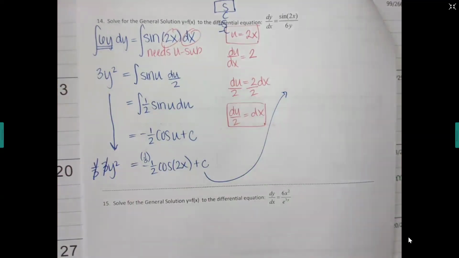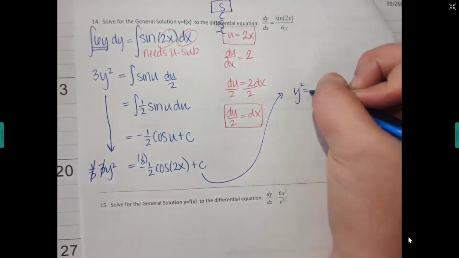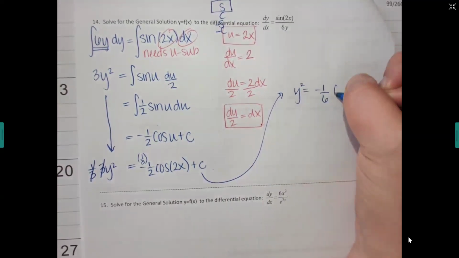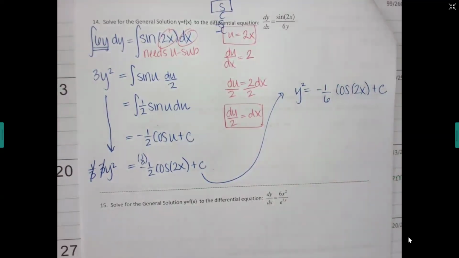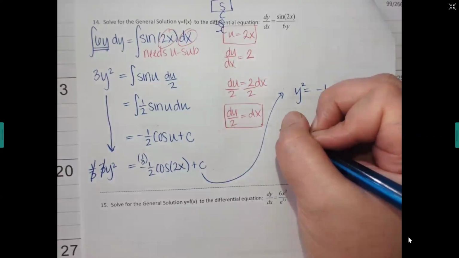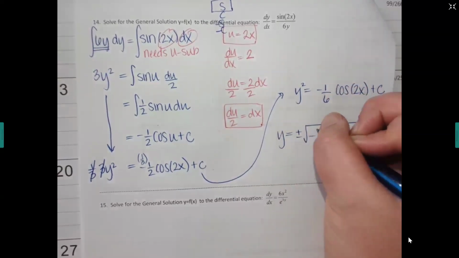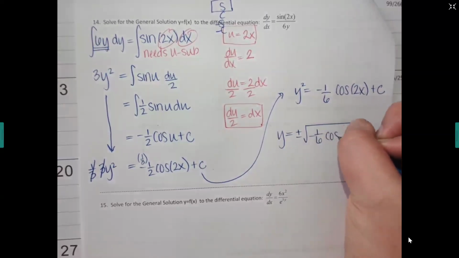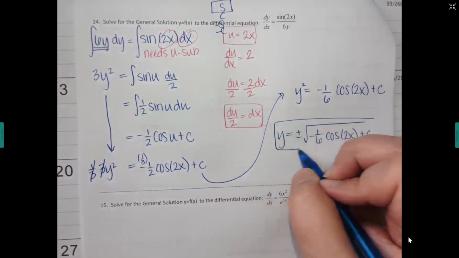So 1 times 1 is 1. 3 times 2 is 6. And then cosine 2x plus c. Next step. Take the square root. So it'd be plus or minus negative 1 over 6 cosine 2x plus c.